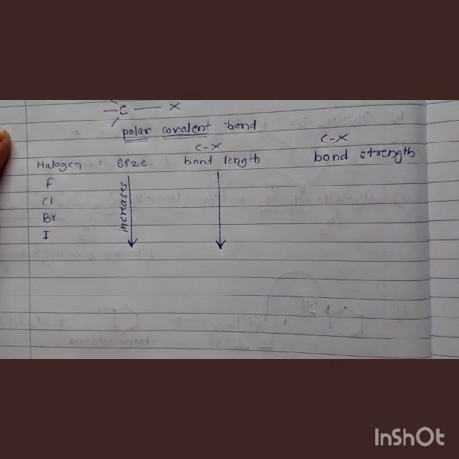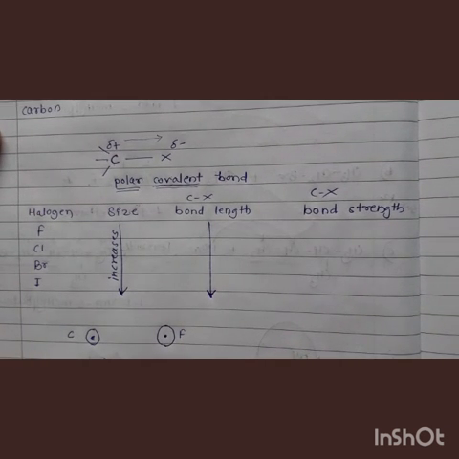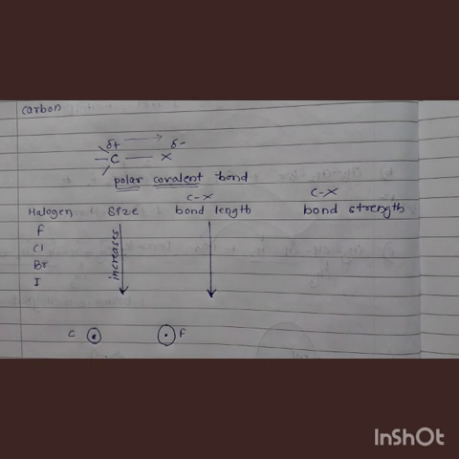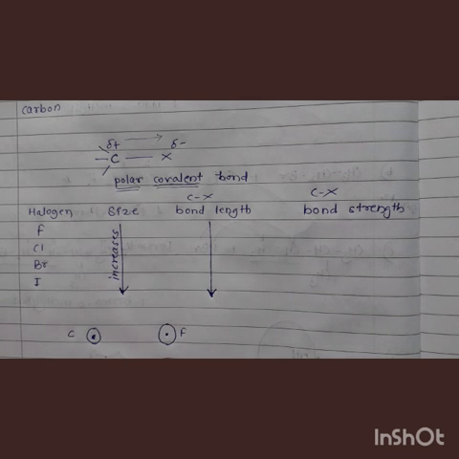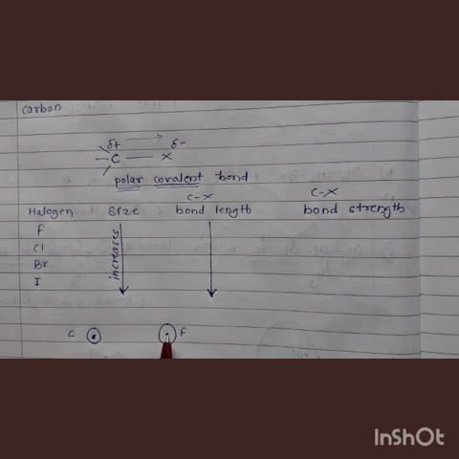Let us see how it increases. Let us see first what is bond length. We have studied in 11th standard that bond length is the distance from the center of one atom to the center of another atom. So suppose this is the center of the carbon atom and this is the center of the fluorine atom.